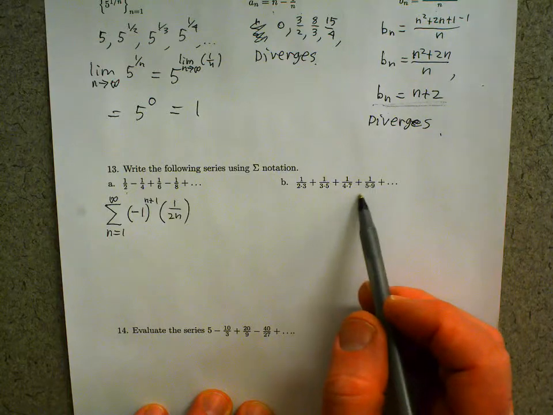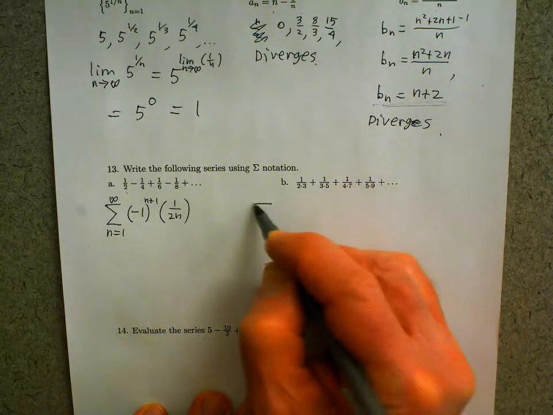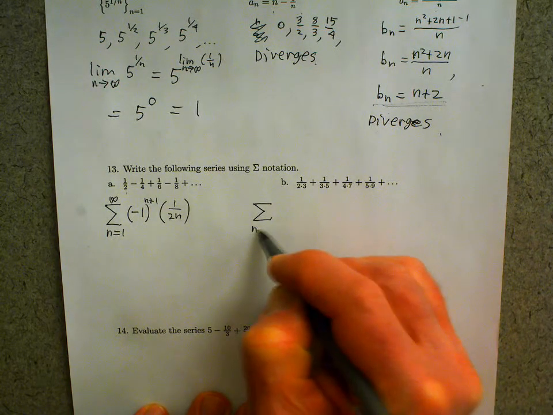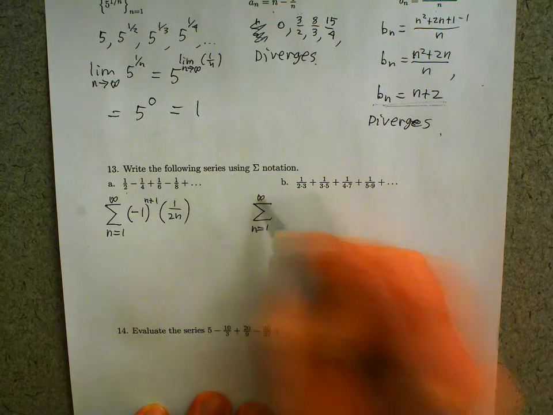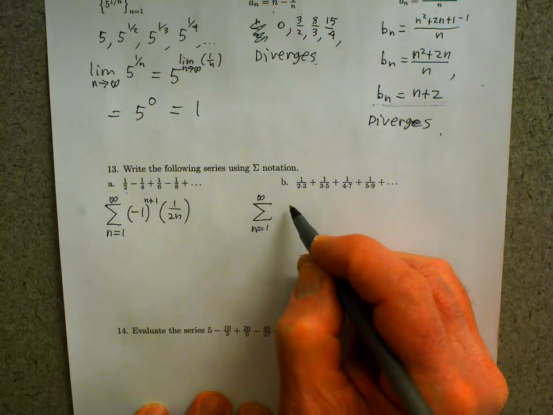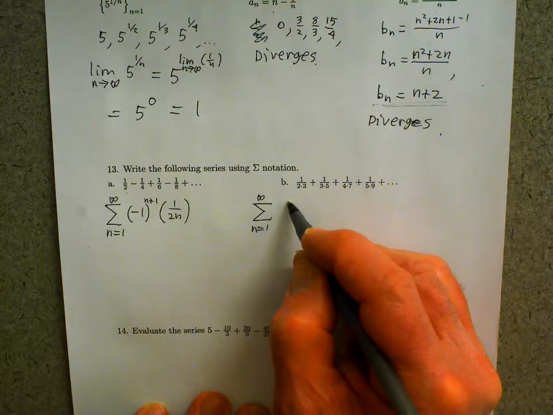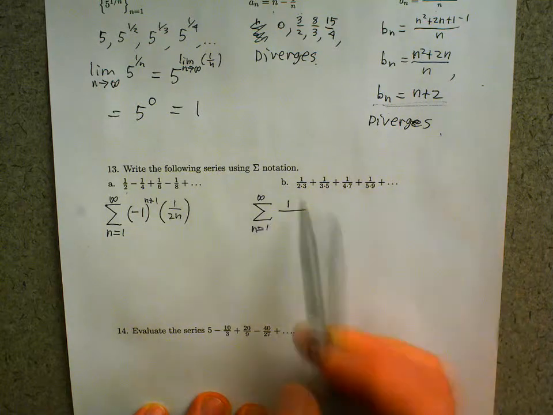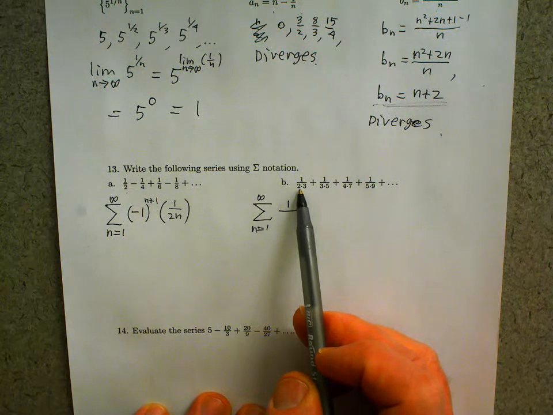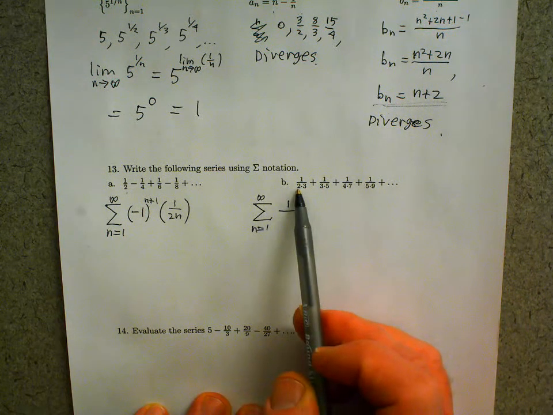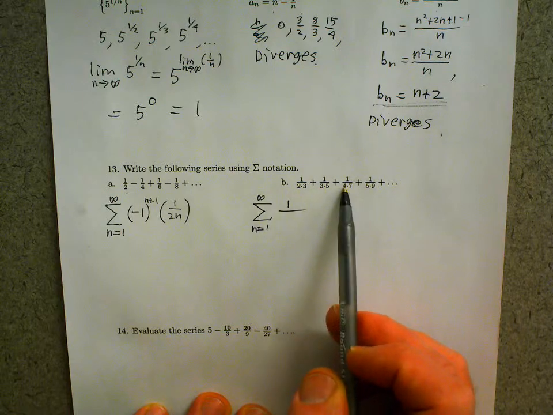Okay, for the next series, if we start at n equals 1, notice that in each denominator, the factor on the left increases by 1.